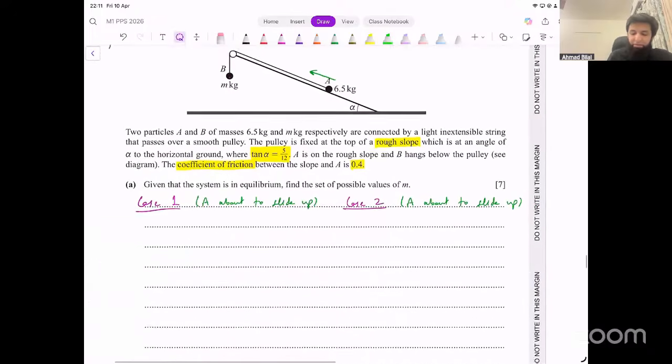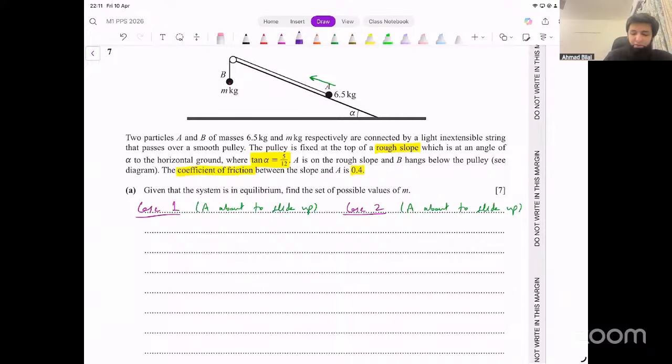Now, if A is about to slide up, let's represent all the forces acting on both the particles. At B, we've got weight acting downwards, tension acting in the upwards direction. At A, we've got tension acting upwards, weight acting vertically downwards, which is 65 Newton. There will be two components of weight, one perpendicular to the slope, one parallel to the slope.